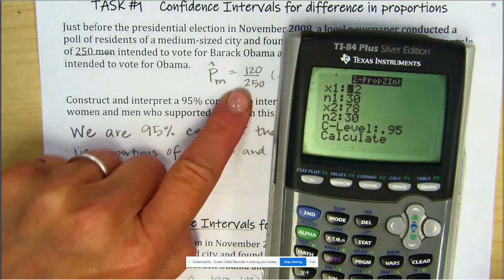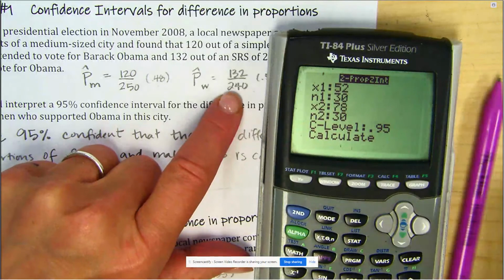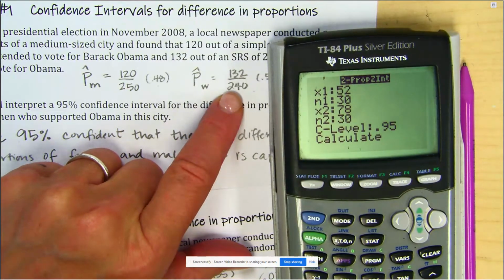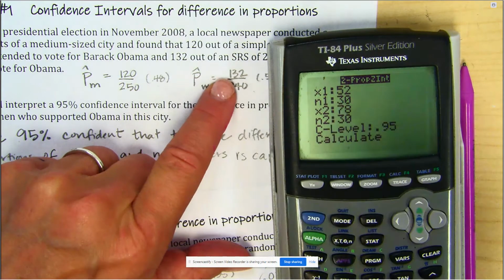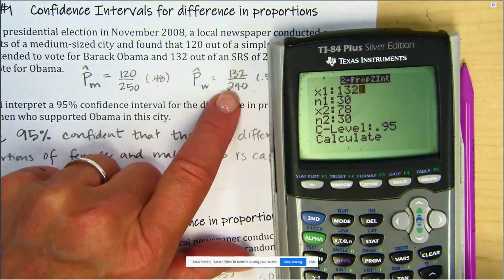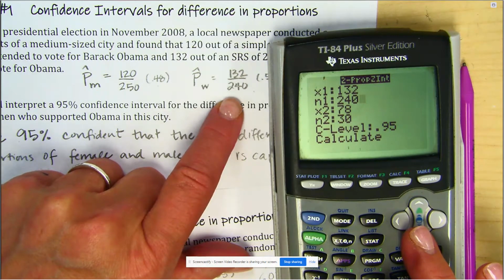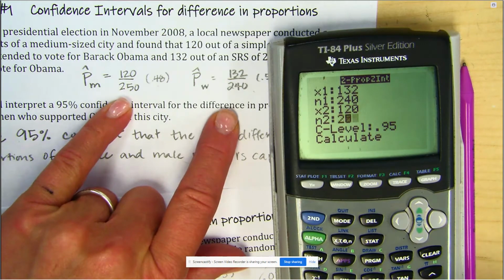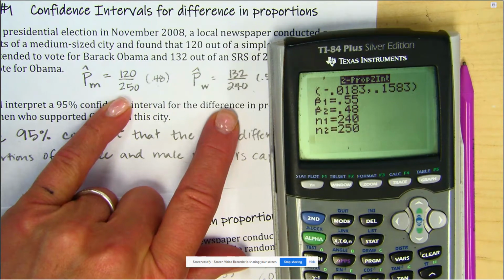Since the women were higher, and it wouldn't matter either way, in a 95% confidence interval it won't necessarily matter which one you call x1 and n1 and x2 and n2. So let's go ahead and do x1 is 132, n1 is 240. That's the women. x2 is 120, n2 is 250. Confidence level 95. Let's calculate.